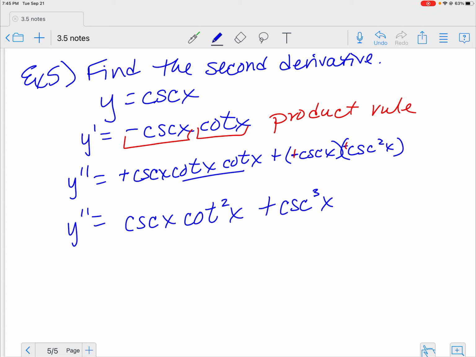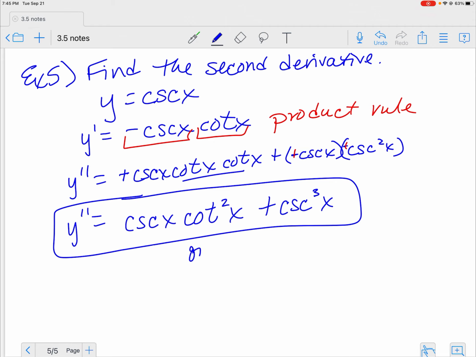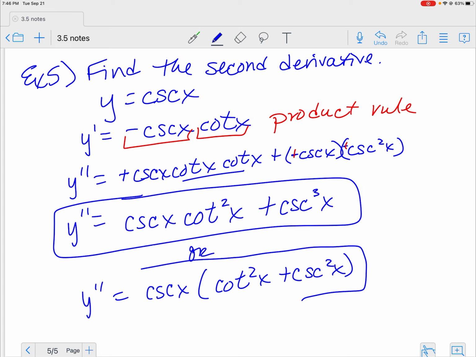You could factor out a cosecant if you want, or just leave it. It doesn't really matter. Cosecant, if you wanted to factor that out, you could have cotangent squared plus cosecant squared. I mean, honestly, for this one, it doesn't make one big of a difference one way or the other.